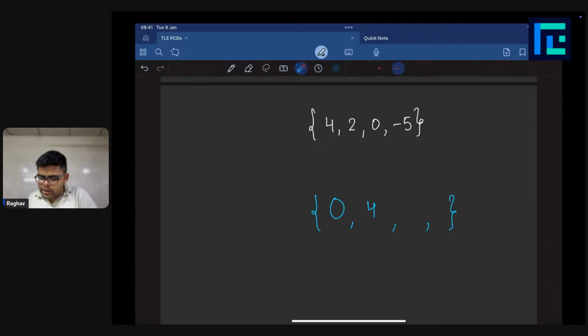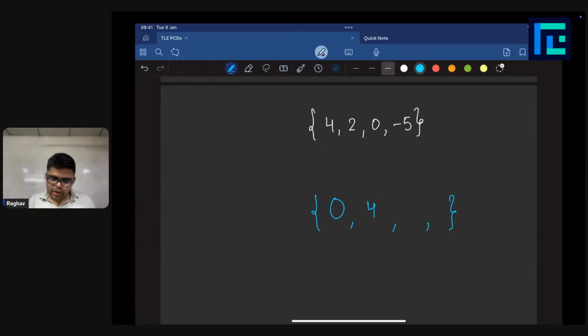And if you try to aim for this, you see there is only one guy who can become larger than 4. If you apply an operation on this guy, then it can become larger than 4. But for these people, they can never become larger than 4. So you will not be able to make sure that 4 becomes the median.